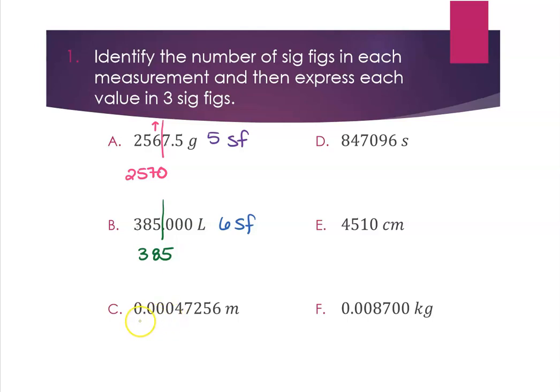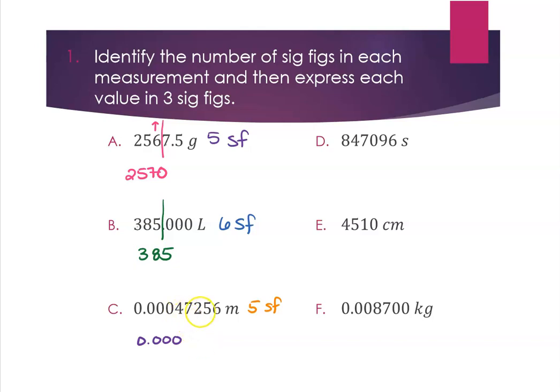Next up, we have zeros in the front. These are leading, so none of these are significant. So my significant figure starts here with this 4. So I have 1, 2, 3, 4, 5 sig figs. And then when I'm putting this into three significant figures, I have to put these placeholder zeros here, but they don't count towards the total sig figs in my problem. So I don't start counting sig figs until I get to this 4.